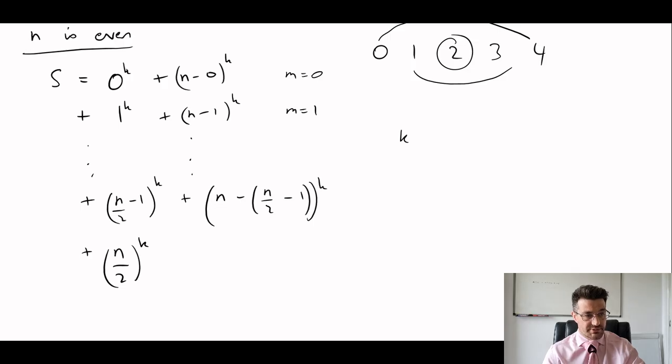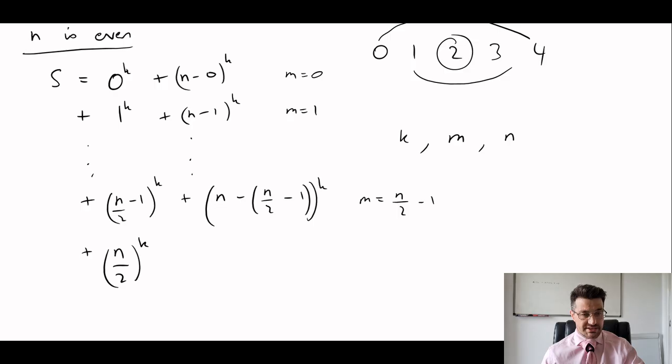In this case, we've got m is equal to n over 2 minus 1. So in each case, m is a non-negative integer, and although we're using lowercase n here as opposed to uppercase N, lowercase n is a positive integer as well.